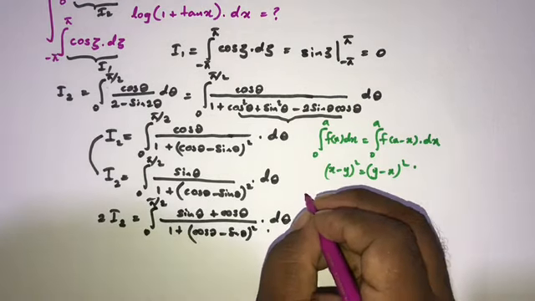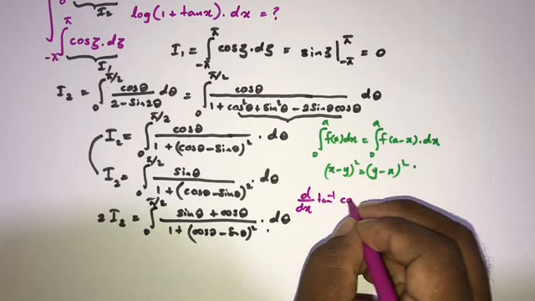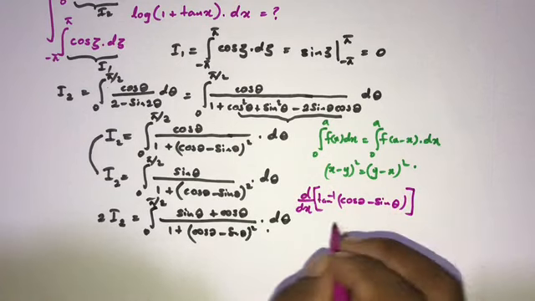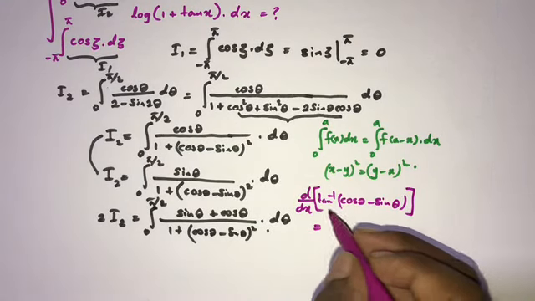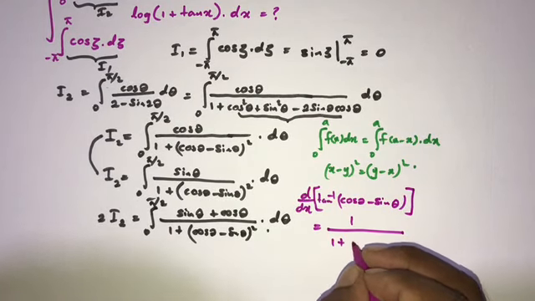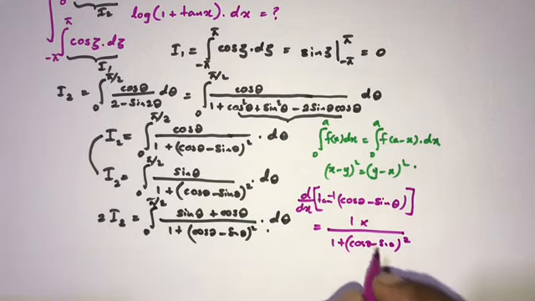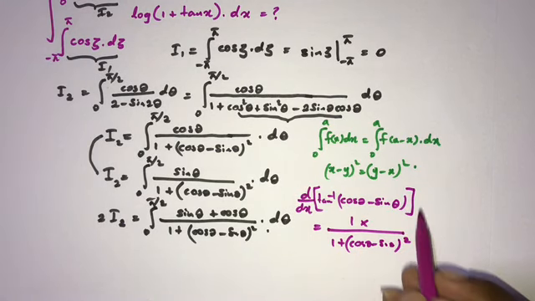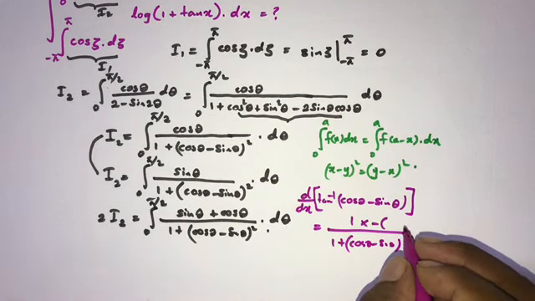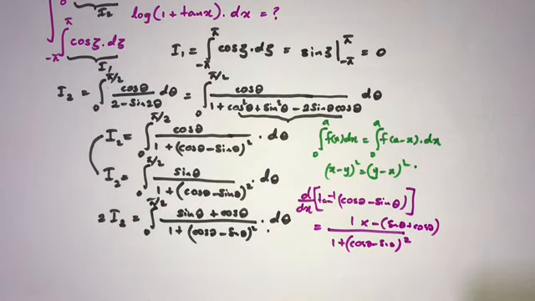Okay, if we take the derivative of arctan of cosine of θ minus sine of θ, we know this is equal to the derivative of the inverse function, so 1 over 1 plus cosine of θ minus sine of θ square, times, according to the chain rule, the derivative of cosine of θ minus sine of θ, we know minus sine of θ minus cosine of θ, so minus times sine of θ plus cosine of θ.